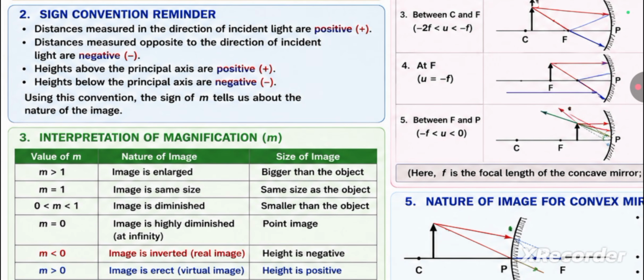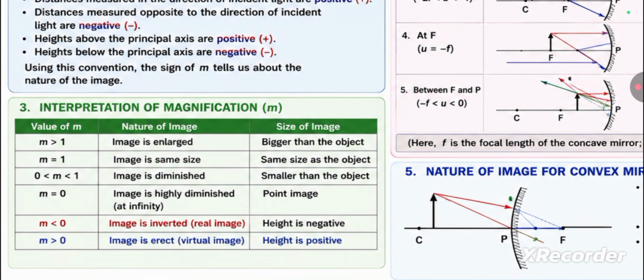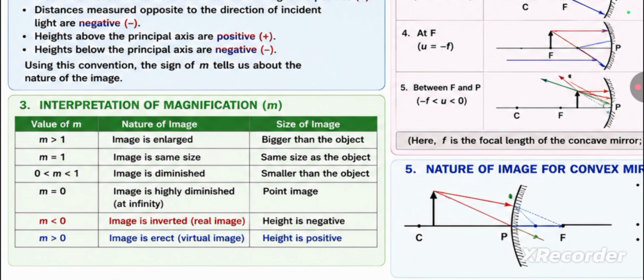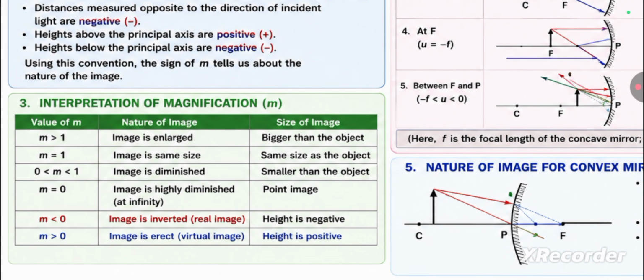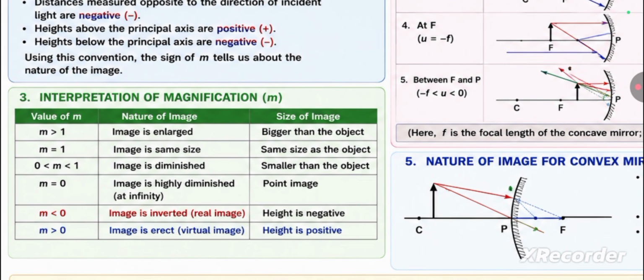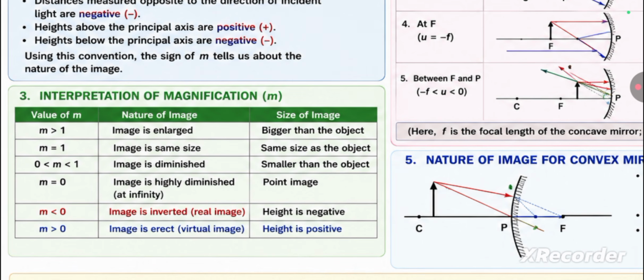Here is the interpretation of magnification. Suppose the magnification value is greater than 1: the nature of the image is enlarged, and the size of the image is bigger than the object.